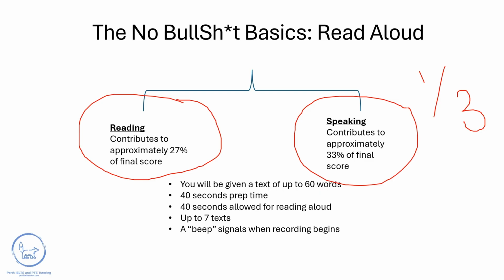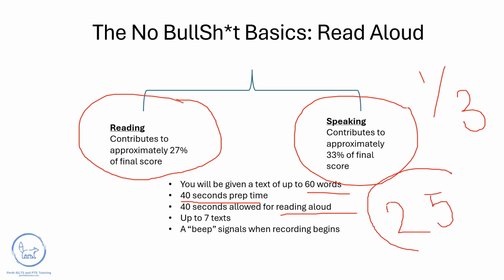So what happens in read aloud question types? You will be given a text of up to 60 words. You have 40 seconds to look through these 60 words and read the sentences, and then you are given 40 seconds to read these sentences aloud, right? The ideal sweet spot is 25 seconds.